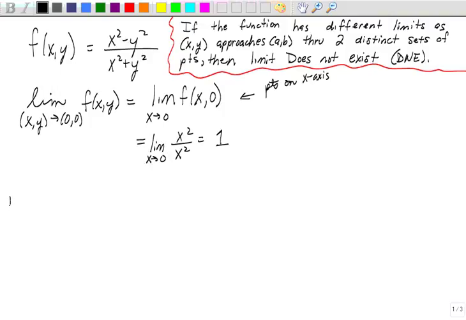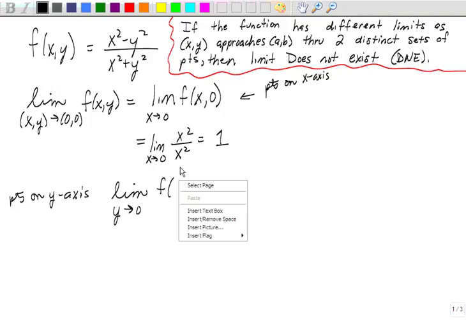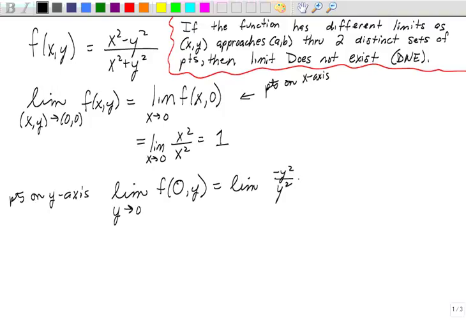If we do the points on the y-axis, let x be 0, then it's negative 1.